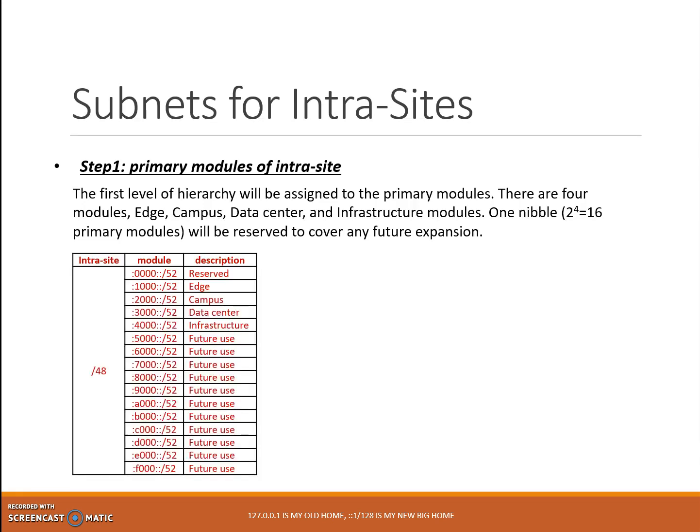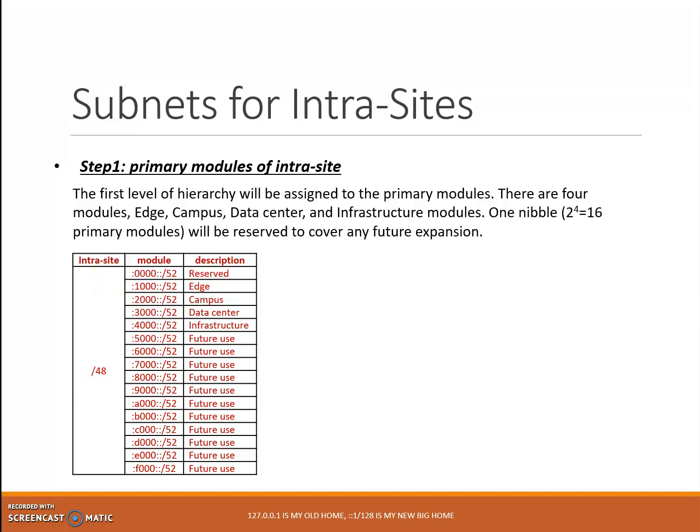Okay, this table shows the intra-site length and the module numbers. We reserve only one hexadecimal character, which is the first from the subnet part, and it will take /52.